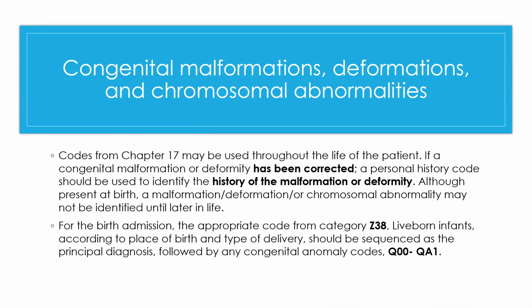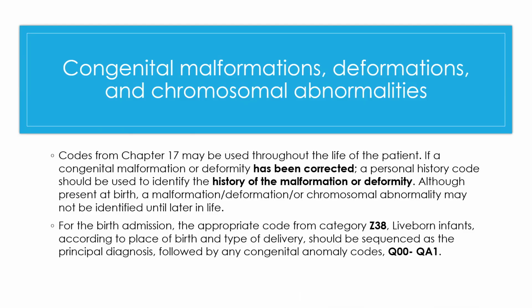A malformation, deformation, or chromosomal abnormality may be the principal or first listed diagnosis on a record or a secondary diagnosis. When a malformation, deformation, or chromosomal abnormality does not have a unique code assignment, assign additional code or codes for any manifestations that may be present.